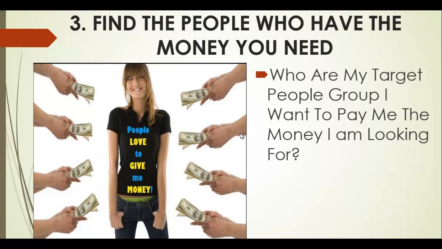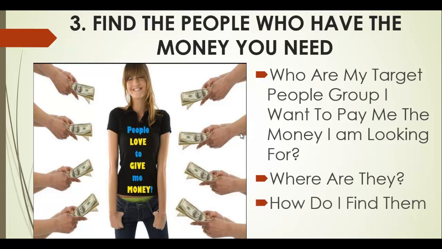Are you looking for people with a particular problem set? Are you looking for people with a particular need? Are you looking for people of whatever? So find out. You have to determine that. Find out who you can easily reach, who can be your target group that you can easily convince to get this money from them.